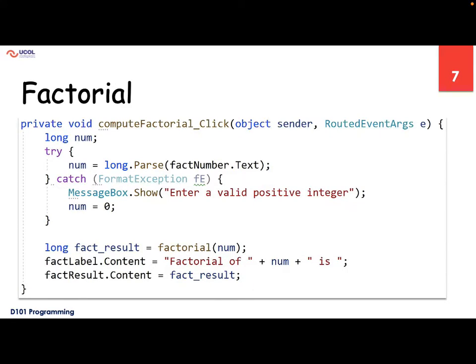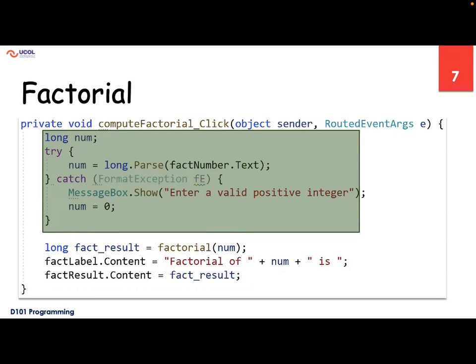And then we say factorial label is equal to factorial of this number is whatever the contents are. So I'm just putting those things, showing them as a result to the user. Okay, so this is our part where we are getting the input from the user, processing it, converting that.